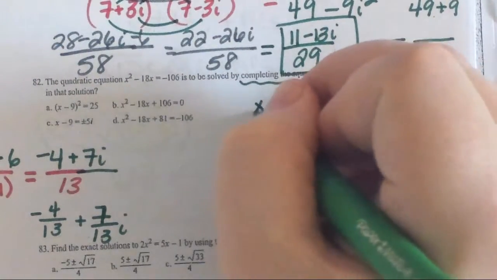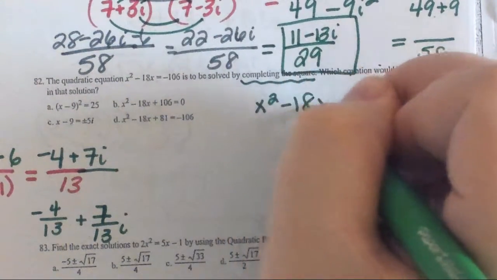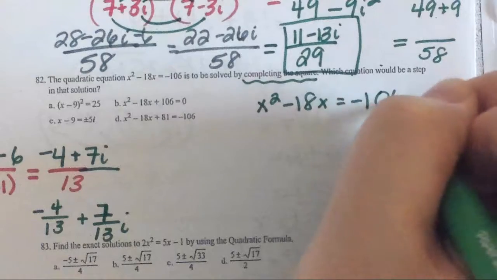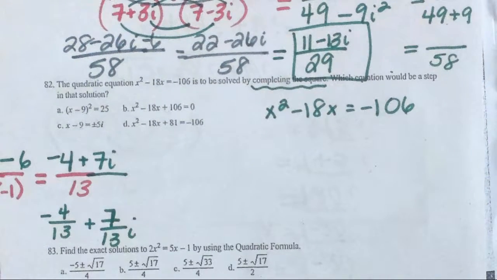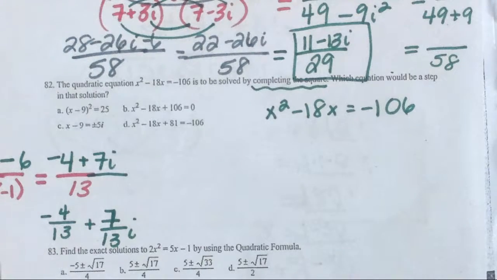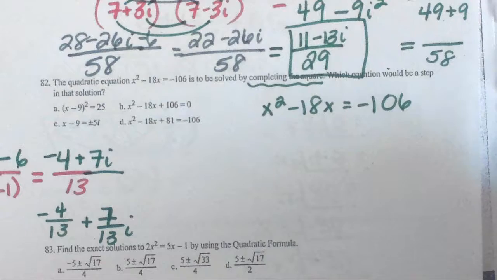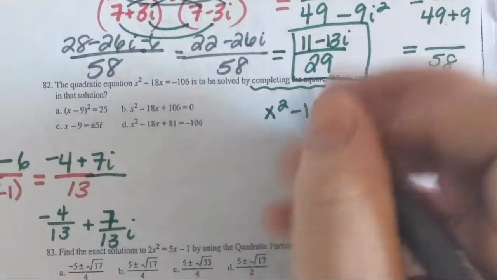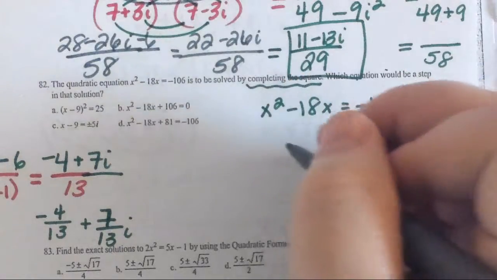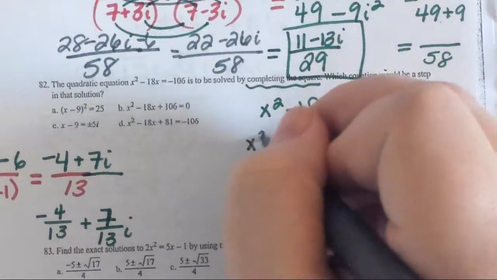Okay, so your problem was x squared minus 18x equals negative 106. When we complete the square, what were we supposed to remember? Divide the middle by 2, and yes, another point.